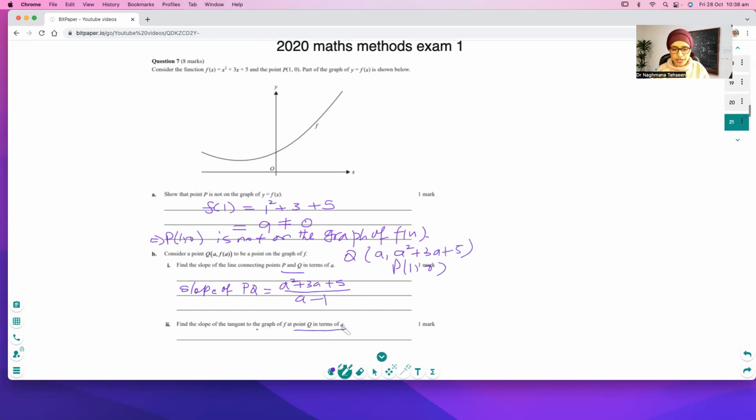So now we need to find the slope of the tangent. What that means is you're going to differentiate the function. f dash of x would be equal to 2x plus 3. And then we need to sub in the point. So f dash of a is equal to 2a plus 3. So that should be enough for this question.